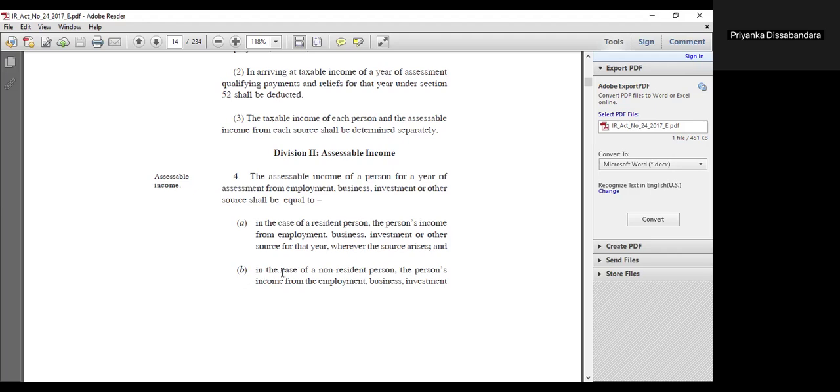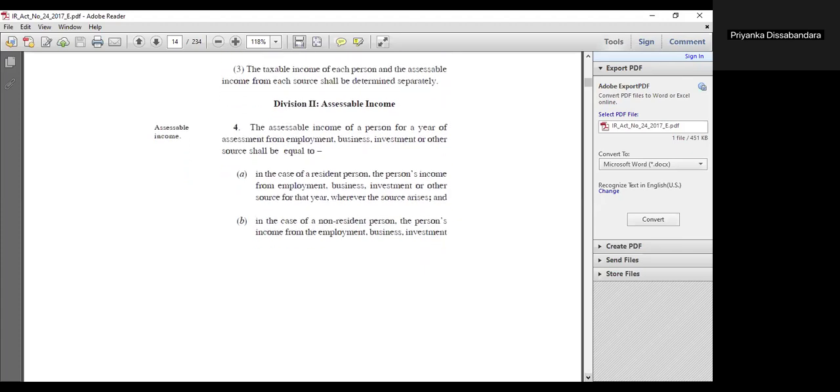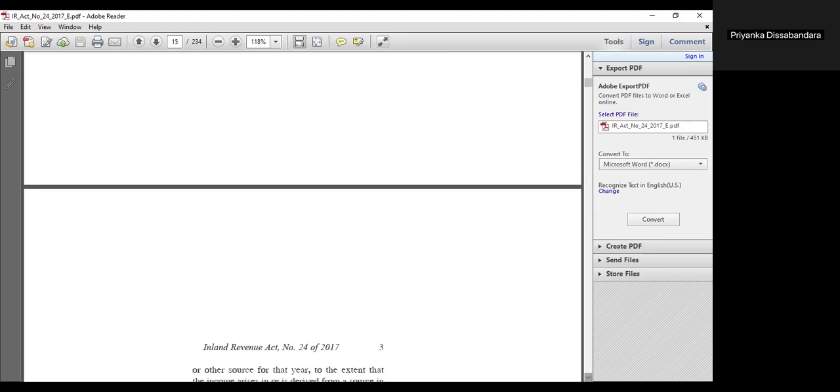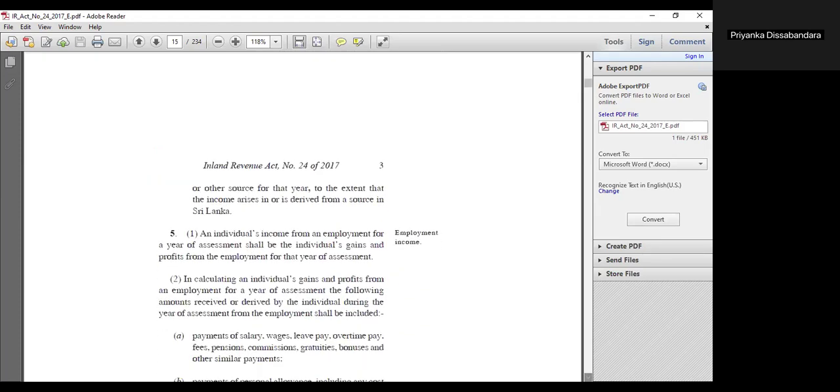Number 2, in the case of a non-resident person, the person's income from employment and business and investment or other income for that year to the extent that the income arises in or is derived from a source in Sri Lanka.